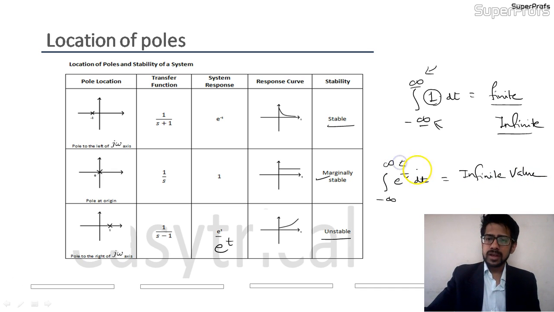Even if you stop these limits from going to infinity, still we'll be getting a very large value for whatever time limits that we take. In this particular system, you have a finite integral value. You can easily calculate that, but for such an increasing system, for large values of t, you will get a very large value of e raised to t. And that's why this system is unstable.